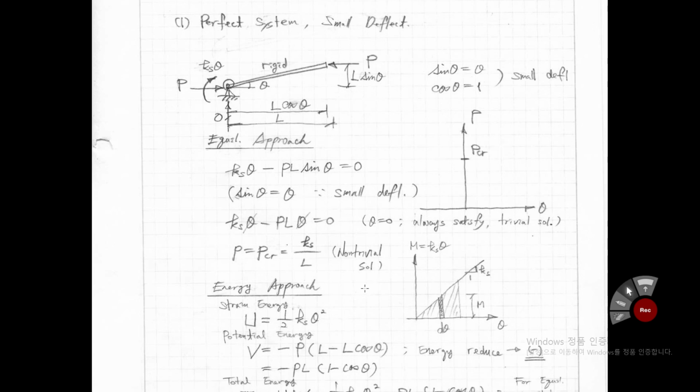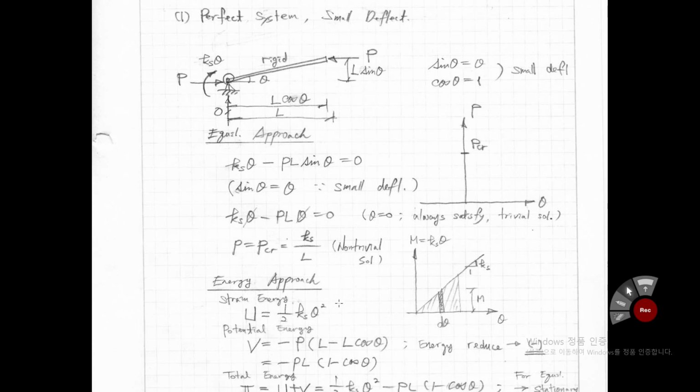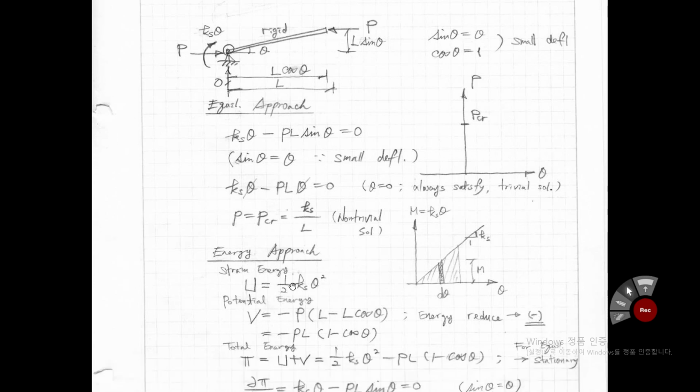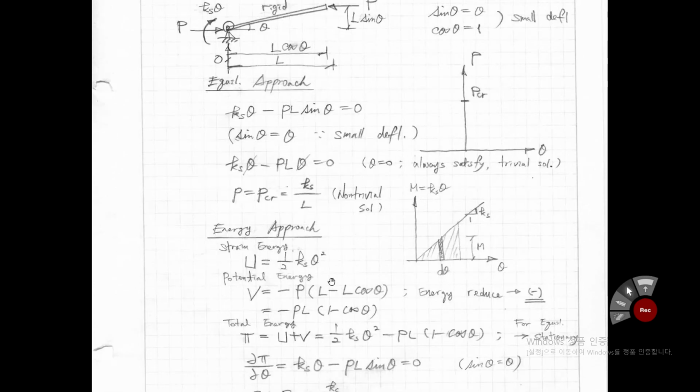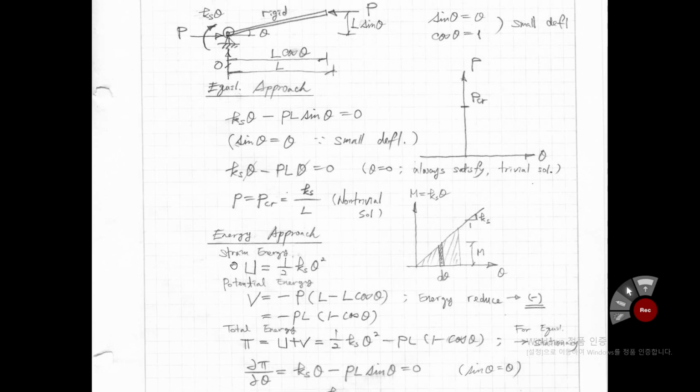Another way to solve this problem is the energy approach. Okay? We have two different energies, strain energy and potential energy. Strain energy can be calculated like this. This is moment times theta equals energy. If we draw the moment-theta relationship, moment equals Ks theta, right?